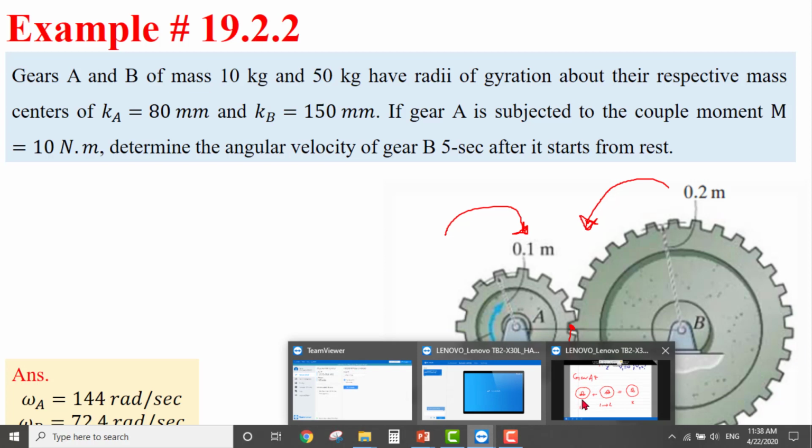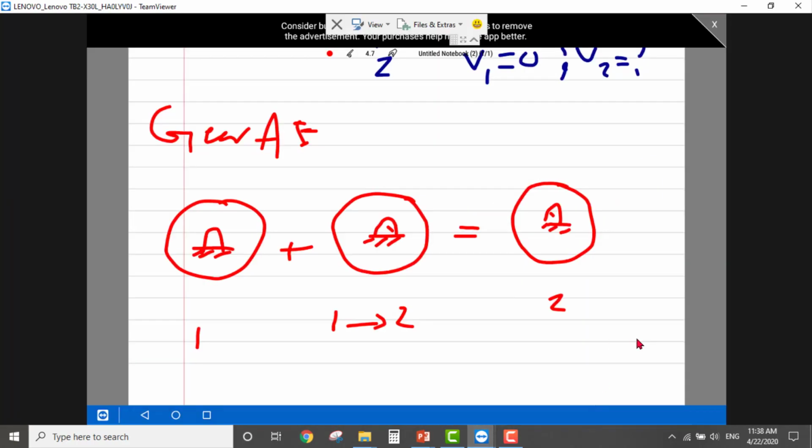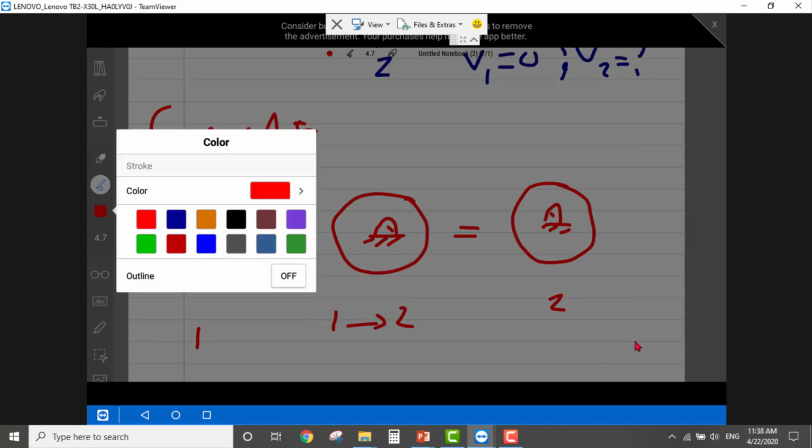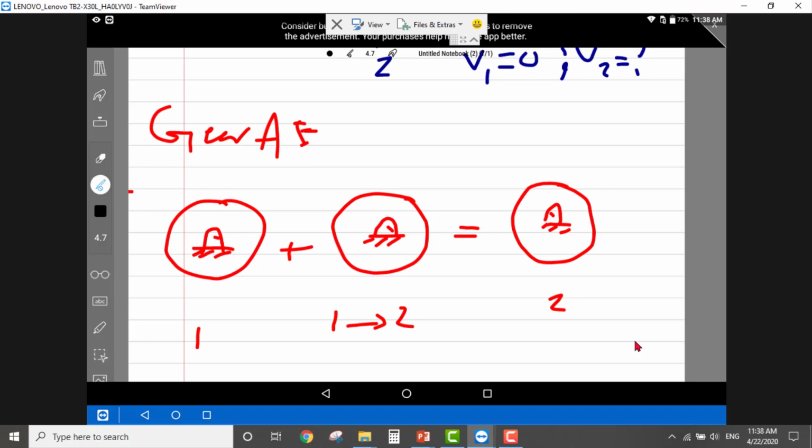So at state 1 there is nothing. There is no angular momentum, there is no linear momentum, there is nothing. In state 2, let me change the color, we have a couple moment.